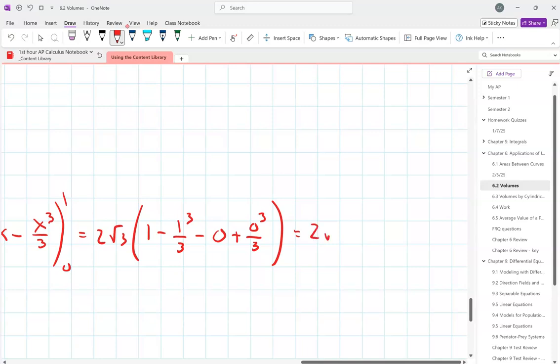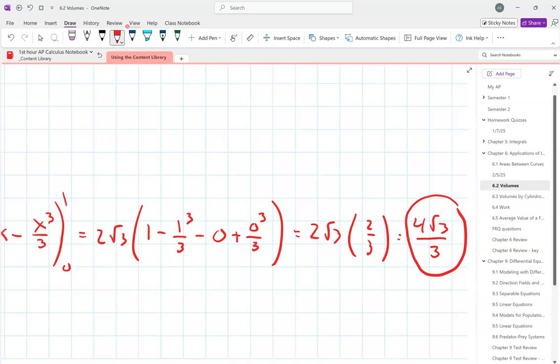So we're left with 2 root 3 times 2/3, or 4 root 3 over 3. Feel okay there? I know, that's hard. It is.